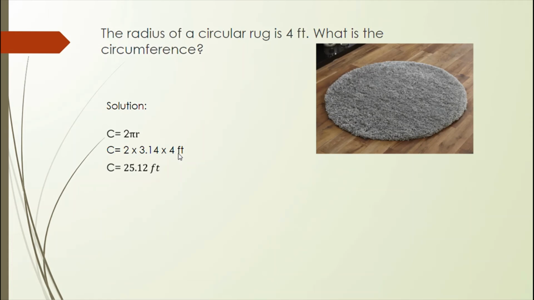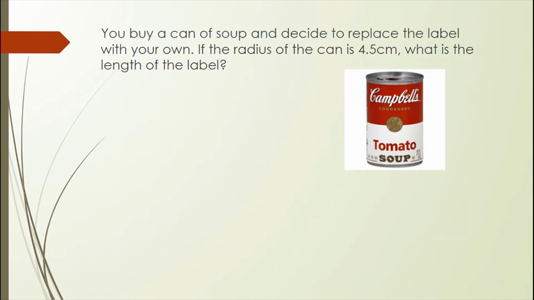Maybe some of you are wondering why we have 2 here. It's because we have 2 radii in 1 diameter. That's why we have 2 times pi times the radius. So again, the circumference of the circular rod is 25.12 feet.